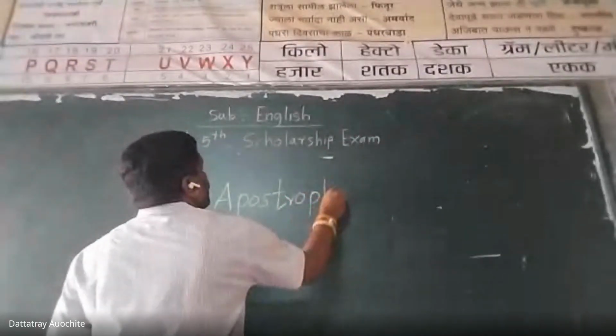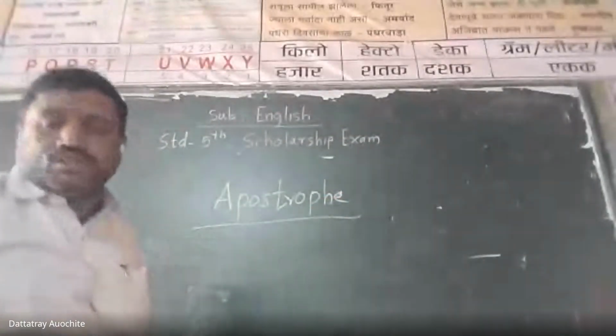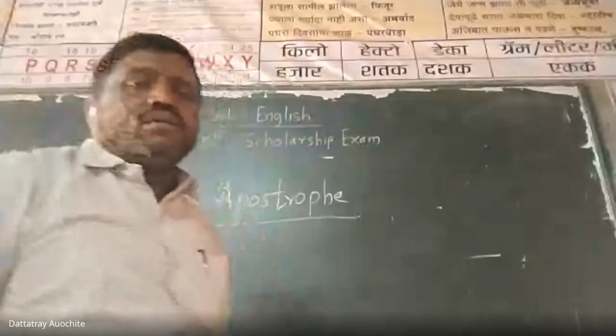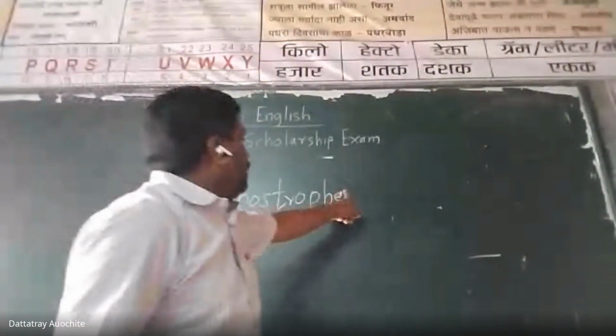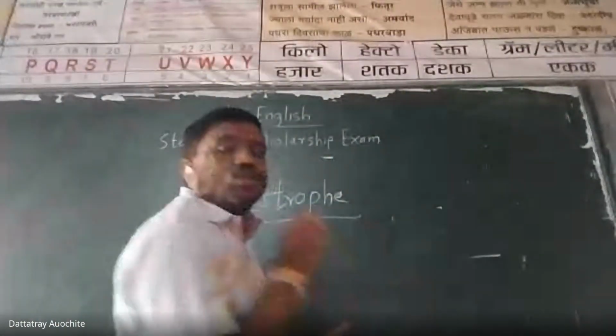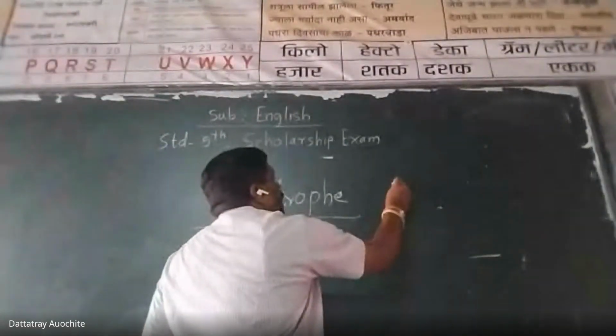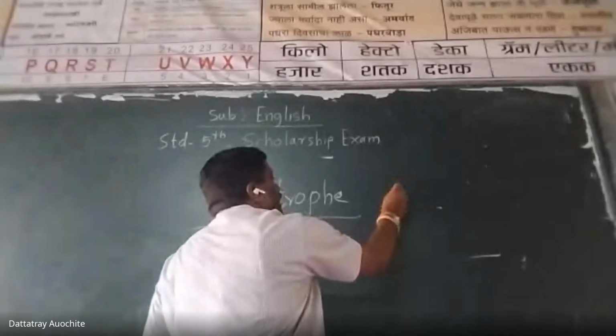Apostrophe. Apostrophe is also a figure of speech, but here we are going to learn it as a punctuation mark. How is it shown? Like this.